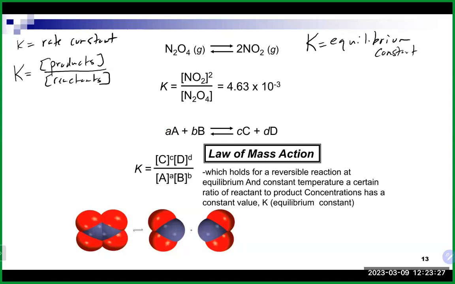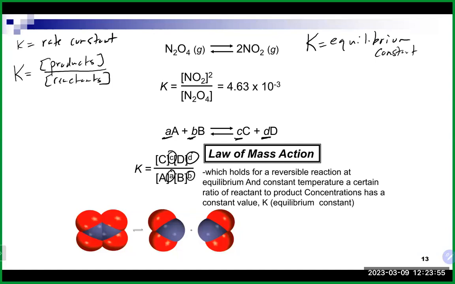You take your products over your reactants. Now, there's an important thing that we also do, which is that the coefficients in the balanced equation become our exponents. So that is why we take the C to the C, the D to the D, the A to the A, and the B to the B. So you do have to take the coefficients into account when you write the equilibrium constant.